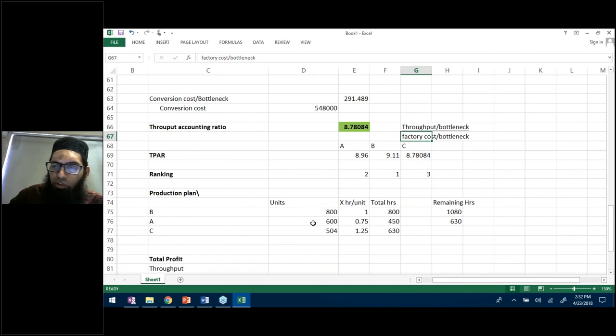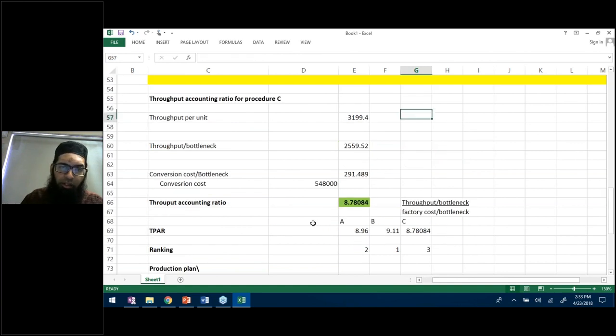So in this question, the bottleneck is surgeon hours. So I have to divide the throughput per surgeon hour by the conversion cost or the factory cost per surgeon hour.